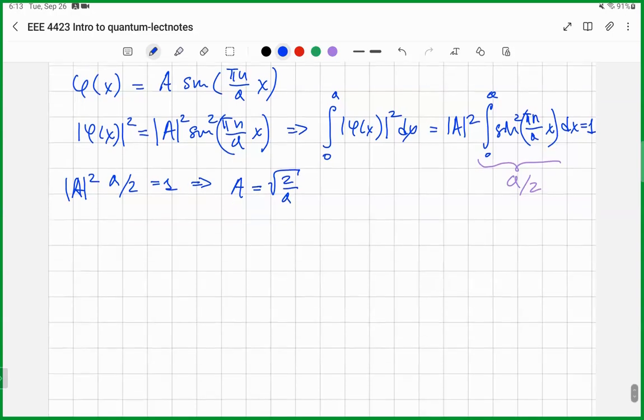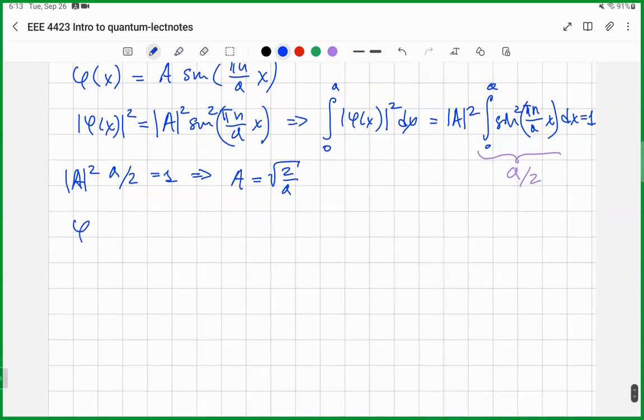Okay, so finally the eigenstate in this system is given by phi of x equals the square root of 2 over a times sine of pi n over a x.